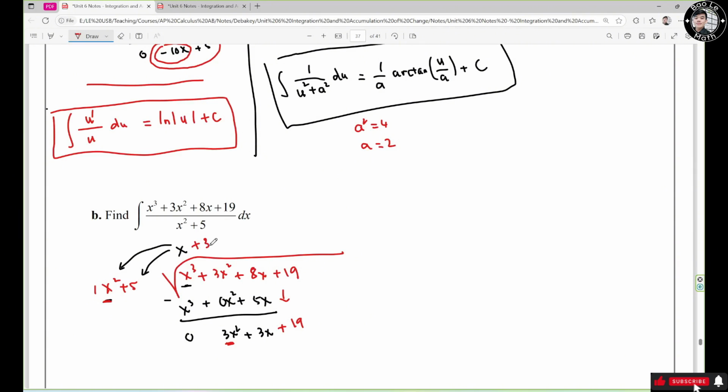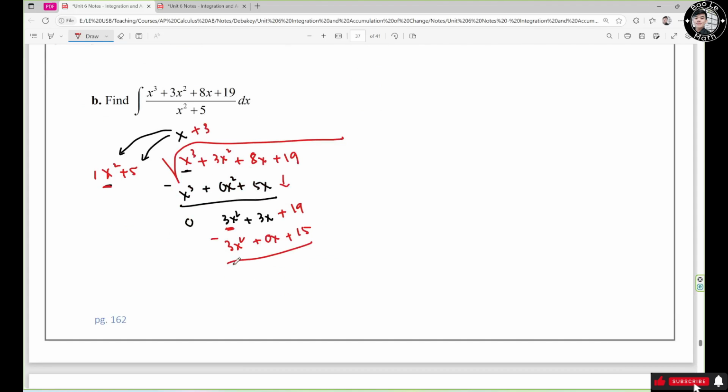Now you need to multiply back. 3 times x squared is going to be 3x squared, and 3 times 5 is going to be 15, so I put 15 right here. Then I do subtraction, so this is 0, this is 3x, and this is 4. Observe that this has a degree less than the divisor, so you need to stop.